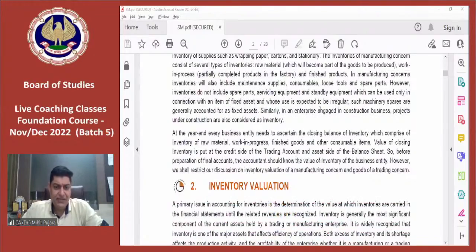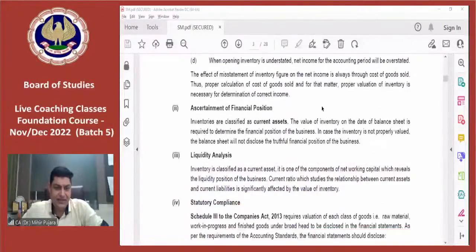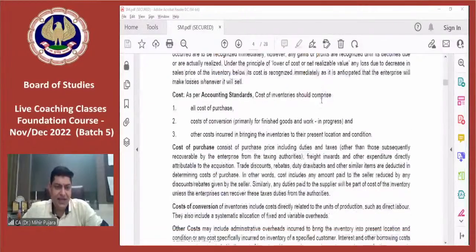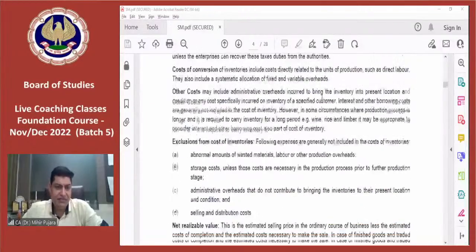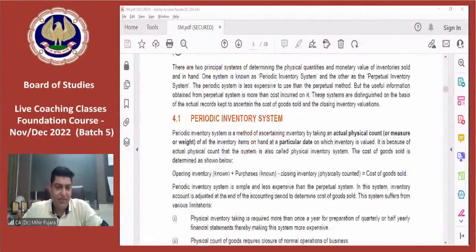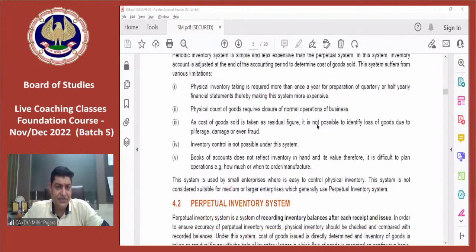Then valuation, friends. In valuation, there is an inventory record system which we are talking about. Periodic inventory system, as we understood: here, physical counting of stock plays an important part. And this is also what we discussed in the last session.